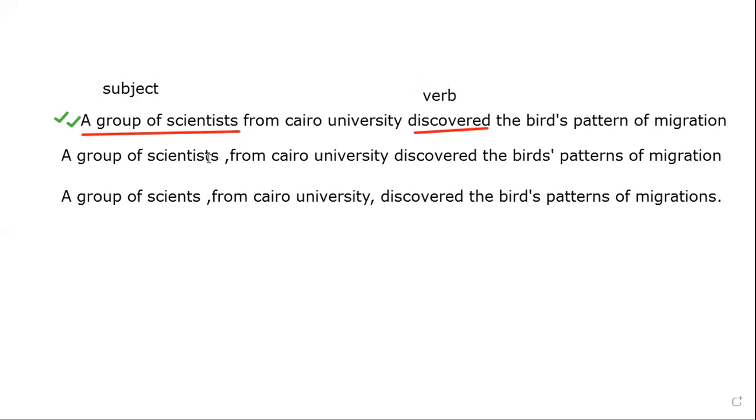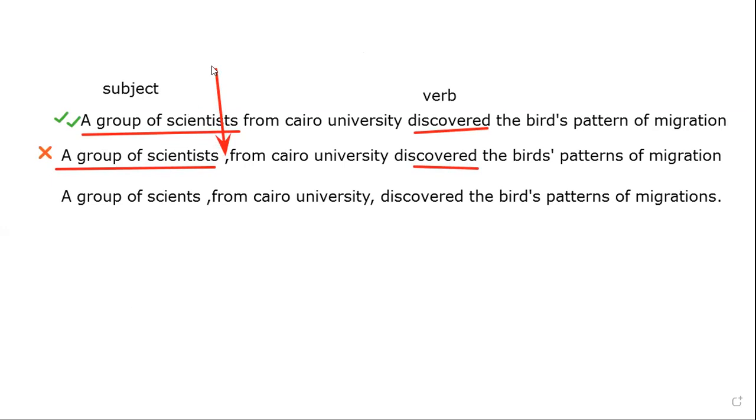That is the subject. Where's the verb, guys? The verb is here, right? So why is there a comma in that sentence? Is that an introductory phrase? It's not an introductory phrase. So that one is wrong.